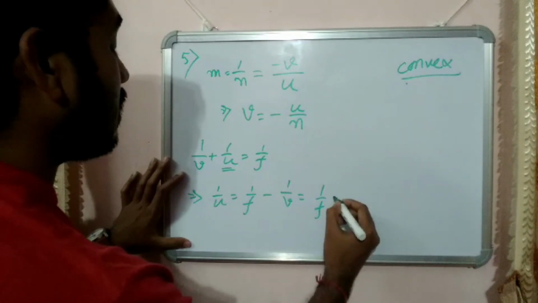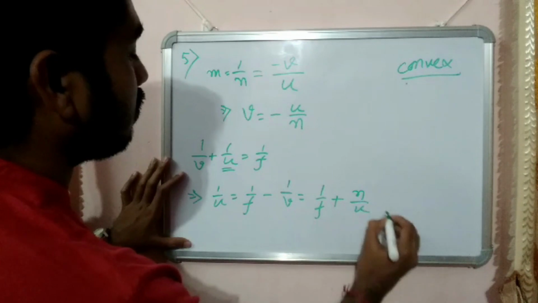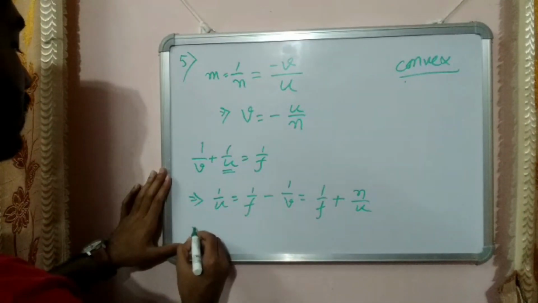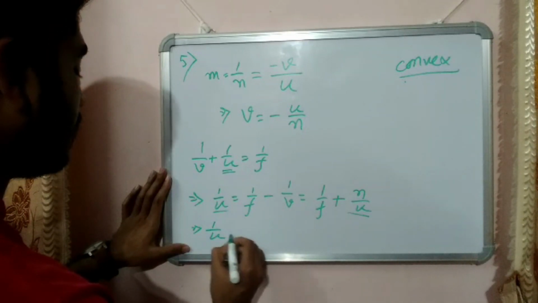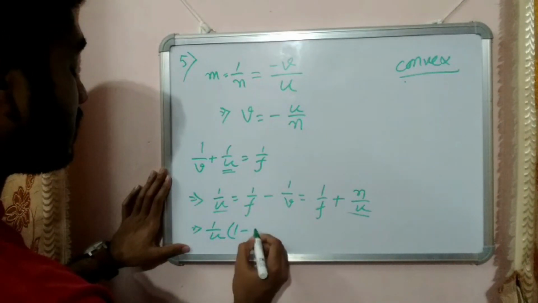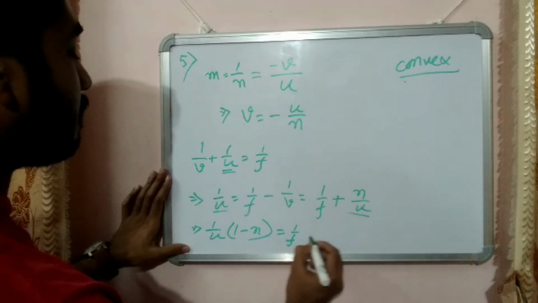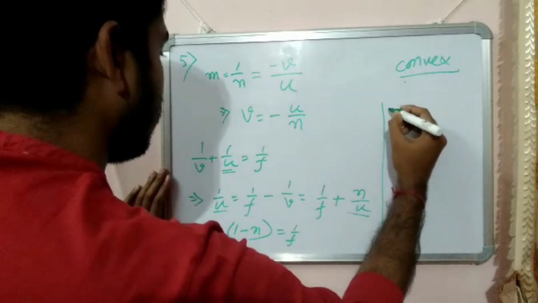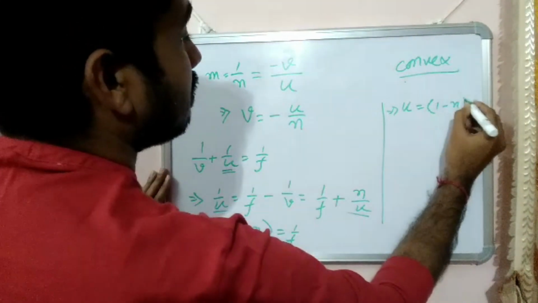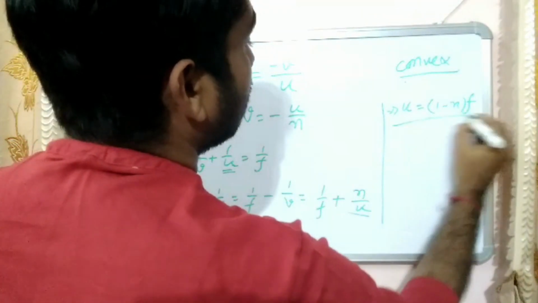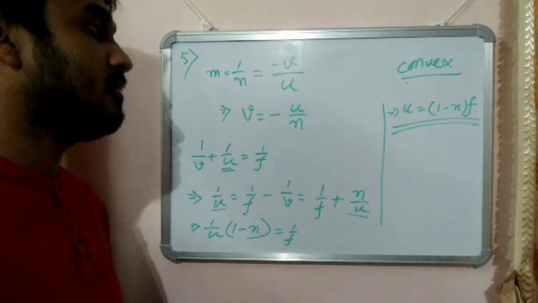1 by V plus 1 upon V is n by U, right? And this has U, this has U, this will come to this side, so U into 1 minus n is equal to 1 by F. So U is equal to 1 minus n into F. This is our object distance.